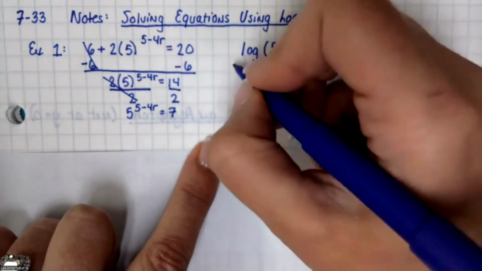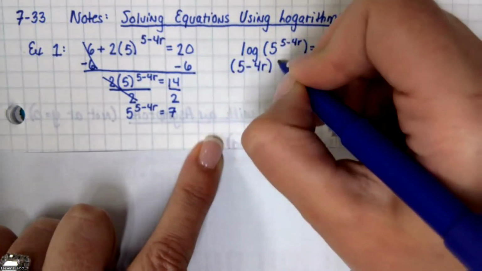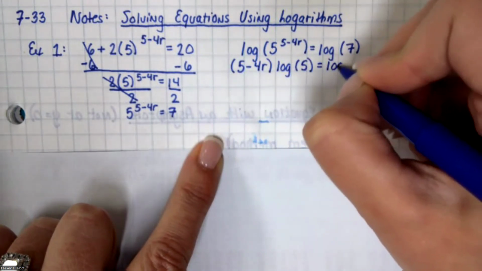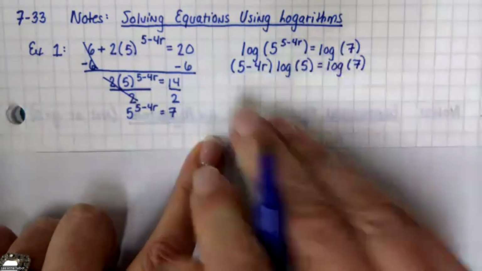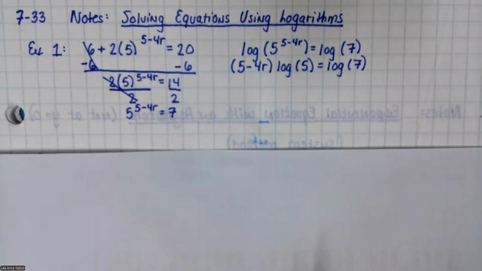Okay, now this time when I bring the exponent in front, I'm going to put it in parentheses to just kind of protect it from the rest of the problem. Now I need you guys to get that calculator back out.